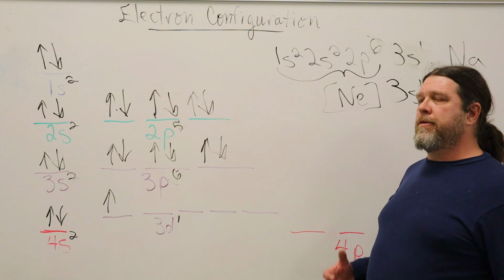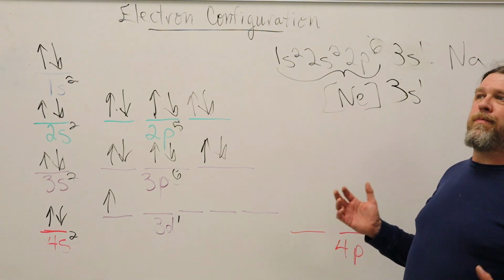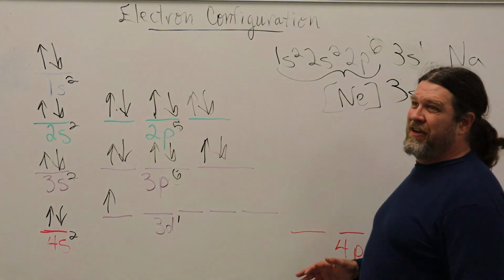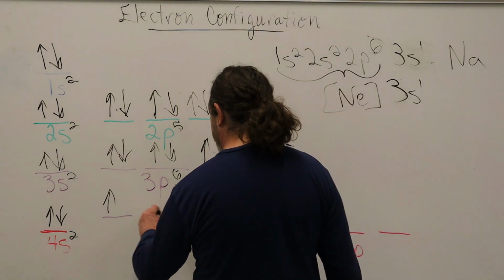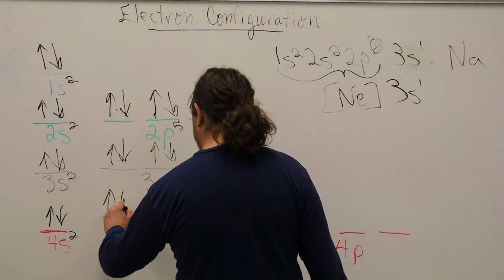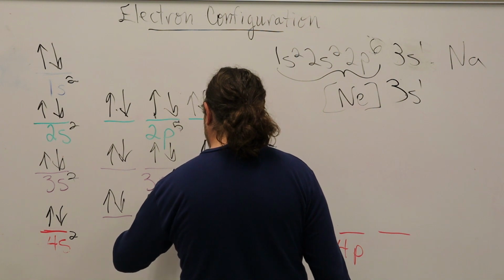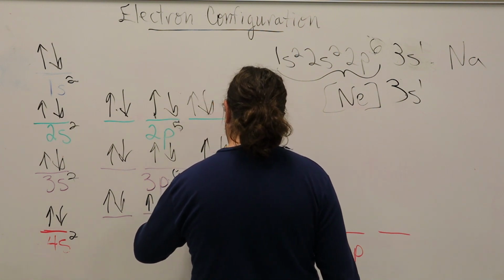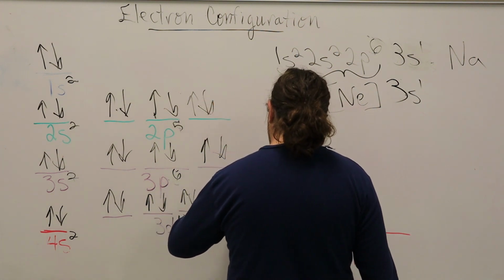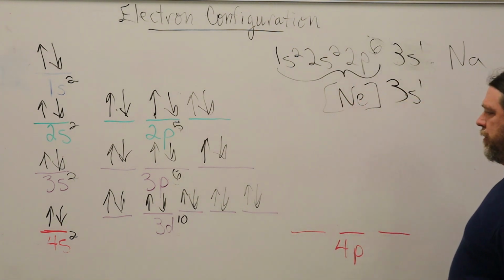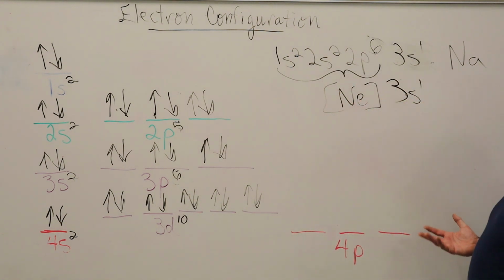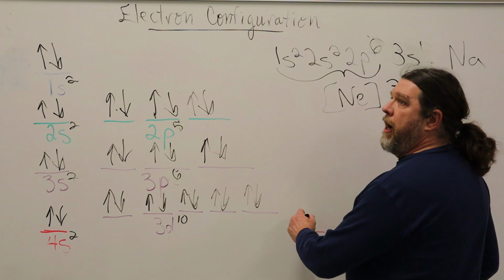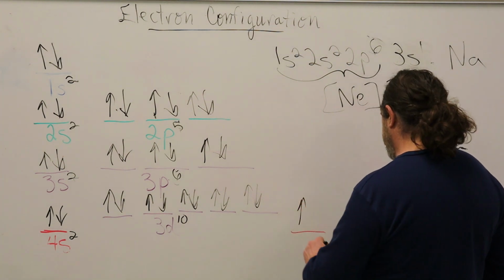But basically, let's just pretend we've moved on to zinc. Let's just go all the way across to zinc here, and we fill this guy up. We've obeyed all of our rules, and then we come finally to 4p1, which of course is gallium.